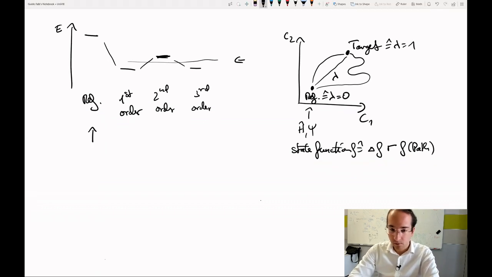Now, one of the common tricks is you pick any of those paths you like, and now you integrate along that path. And then you say, imagine the state function would be my energy, because that's what we're mostly after.